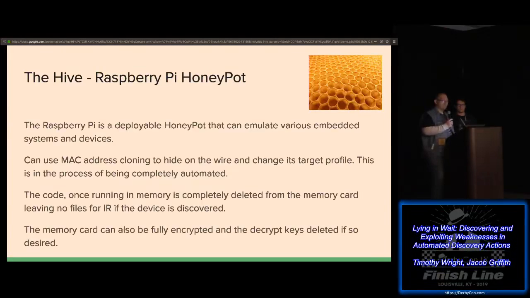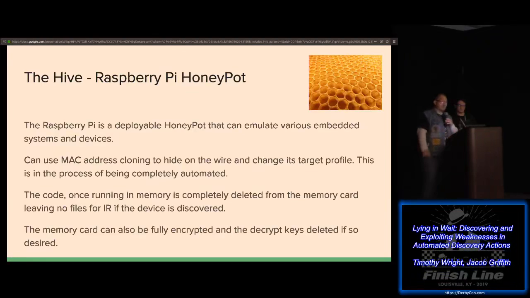We also had it set up so that when the code started running on the Pi, everything is in memory. So if it did get sniped, there'd be very little to look at from an IR perspective on the card. Everything was disabled. We disabled the GPIO header and the USB interfaces that weren't needed. The Ethernet interface was allowed to stay enabled, but as long as it was running, we were good.